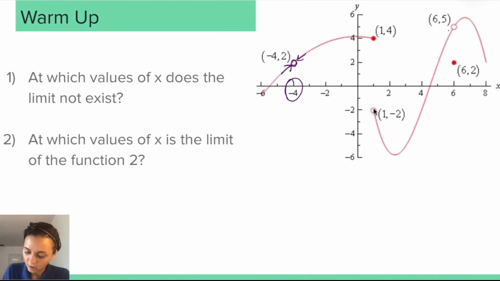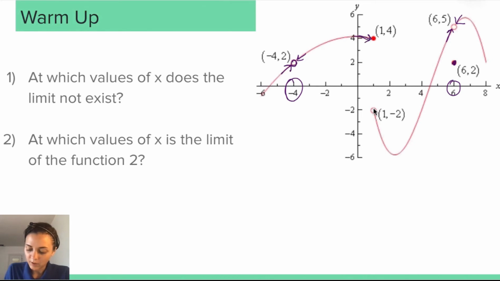Same thing over here. The limit does exist at x equals 6. The limit is equal to 5. The function value is equal to 2, but not the limit. So the only place where the limits from the left and the right are not equal is right here at 1.